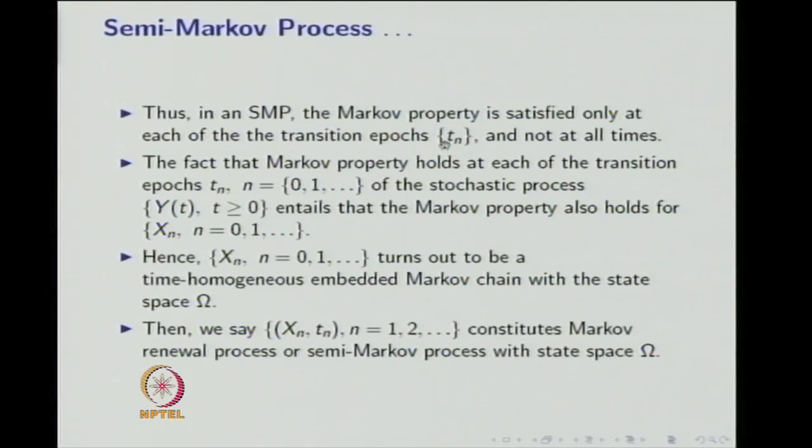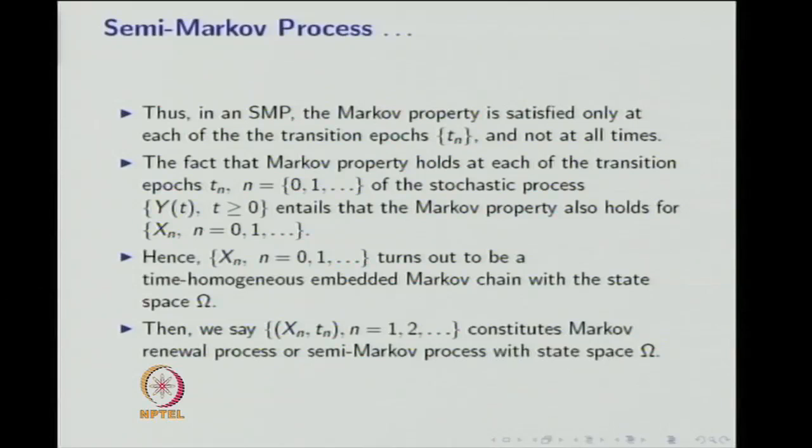If the Markov property is satisfied at all times, then the stochastic process is called the Markov process. Since it is satisfied only at each of the time transition instances, the process is called a semi-Markov process. The fact that the Markov property holds at each of the transition epochs Tn of the stochastic process Y of t entails that the Markov property also holds for Xn.